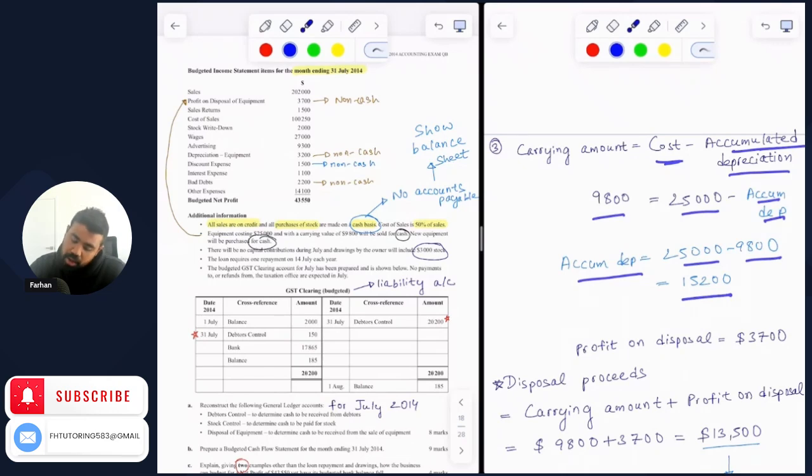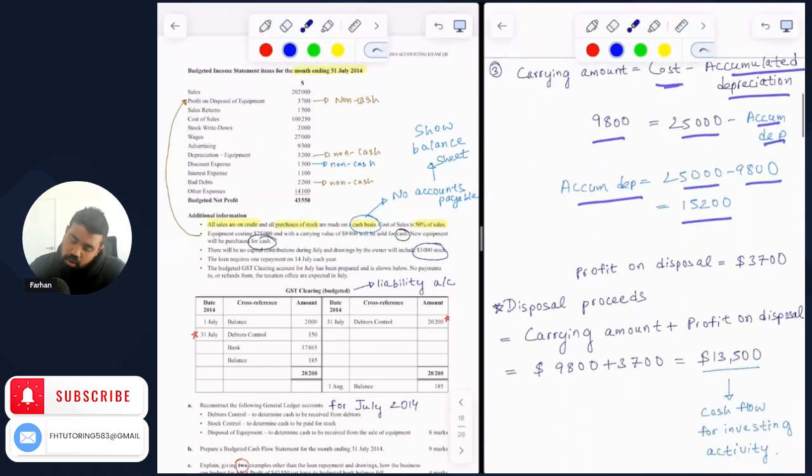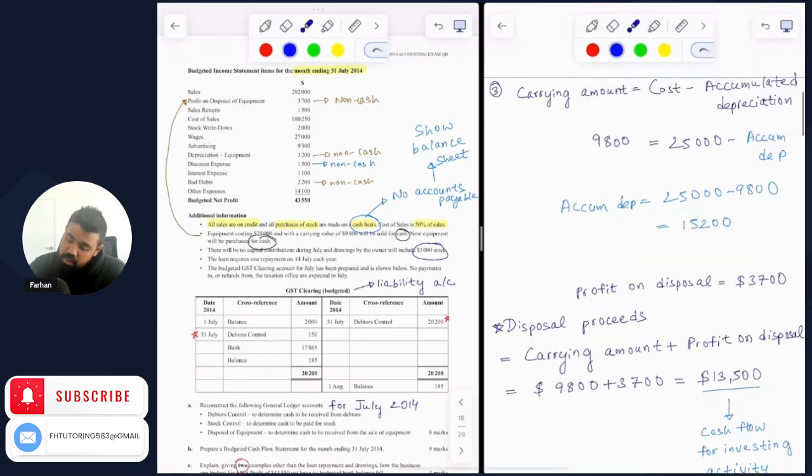Now, we know the profit on disposal is given to be $3,700. Profit on disposal is an income, and any income is always reported in the income statement, which is what you can see in the question here. So profit on disposal of equipment is $3,700. This $3,700 can be used to find the selling price of this equipment, which is the disposal proceeds.